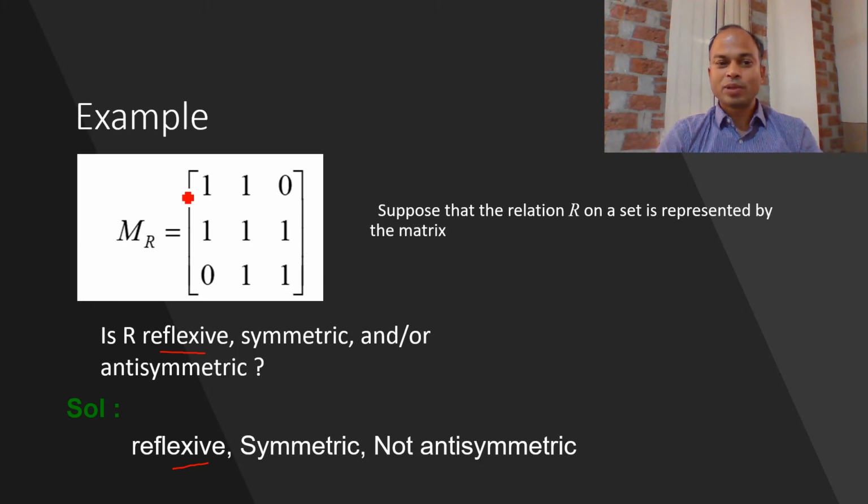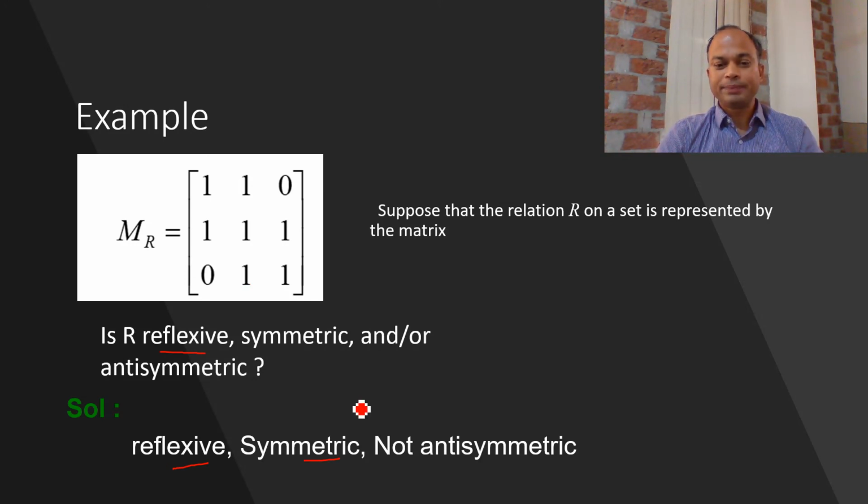Here, A is related to B and B is related to A, the AB pair and BA pair exist. Similarly, B is related to C and C is related to B. This pair also exists. This particular matrix supports the symmetric property.